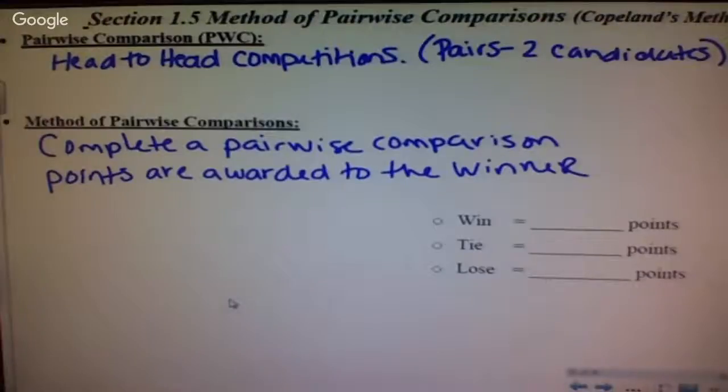So if my 2 candidates are going head to head, and it's Cozy and Josh, and let's say Josh wins, okay? If Josh is the winner, he gets 1 point. If Cozy's the loser, he gets no points.